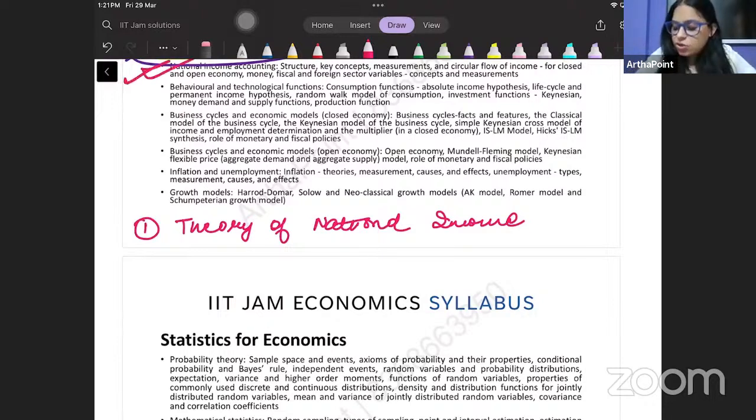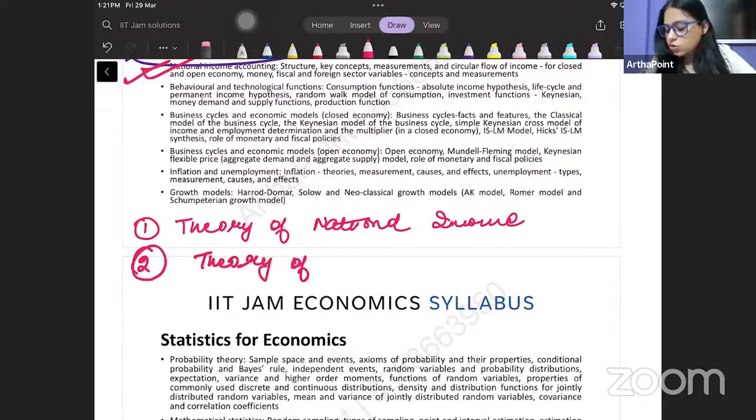Then after the theory of national income, we will be talking about the theory of income generation and employment.